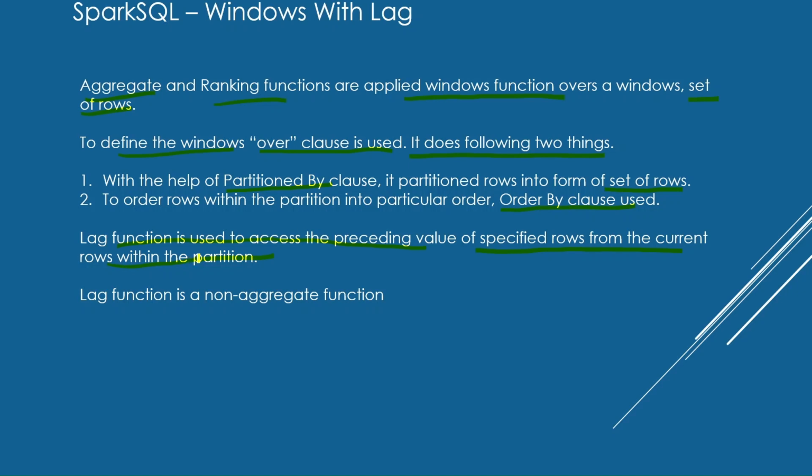If you are not able to understand at this point how the lag function works, what the preceding value is, or what the specified rows of the current row within the partition are, it's okay. I will show you in a practical example what this statement means. And one important thing: the lag function is a non-aggregate function.